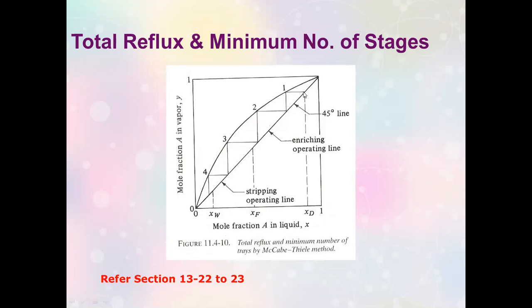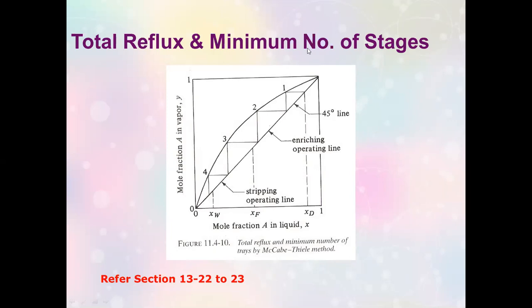So the minimum number of stages will be made by simply starting from the X sub D down to X sub W. So in this case, it's around 3.8. So your minimum number of stages is actually 2.8 in that case, because we always subtract 1 because the last step is the reboiler.